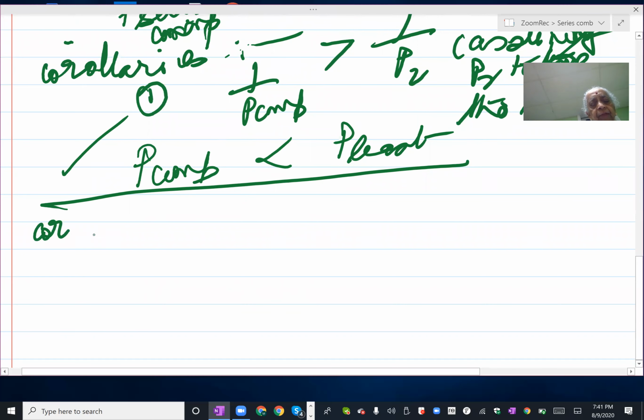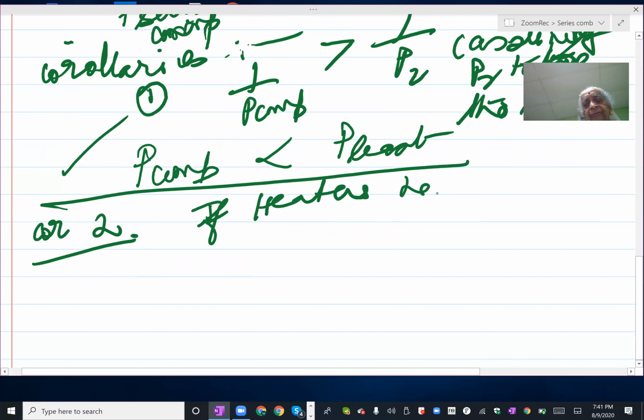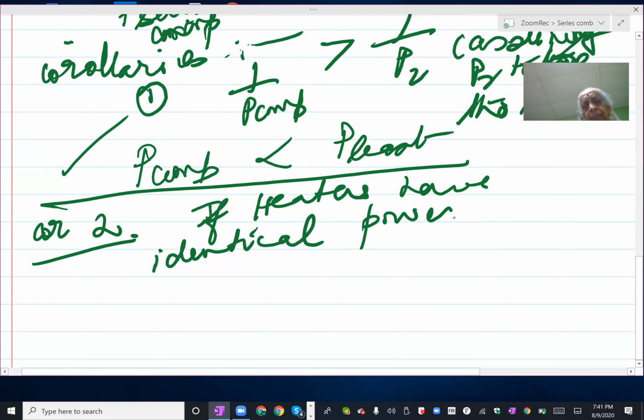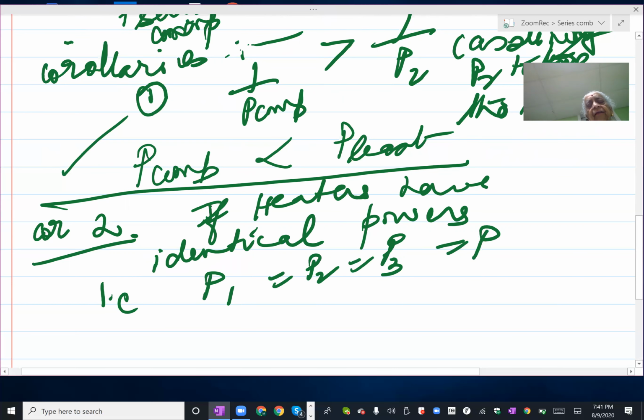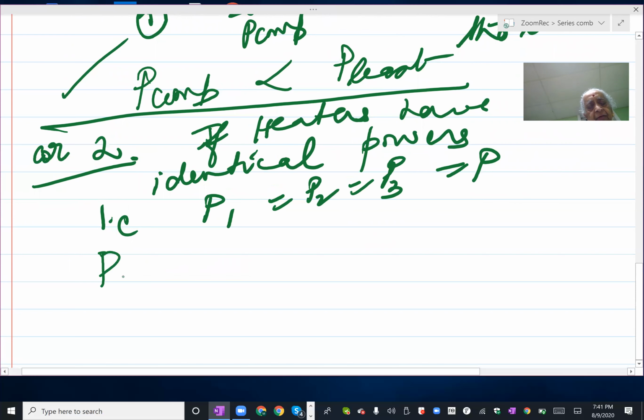Corollary 2. What does corollary 2 say? If heaters have identical powers, that is P1 is equal to P2 equal to P3 equal to some P without a suffix, then PS will be such that 1 by PS equals 1 by P1 plus 1 by P2 plus 1 by P3.